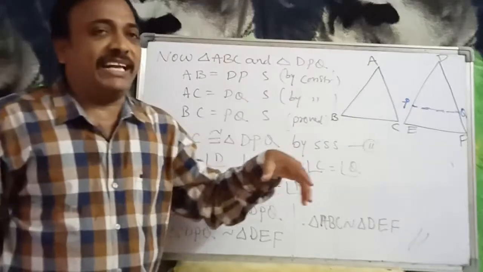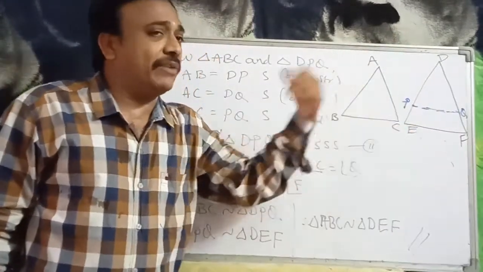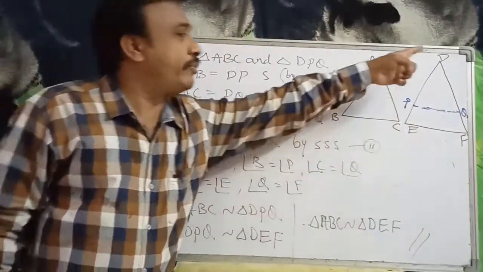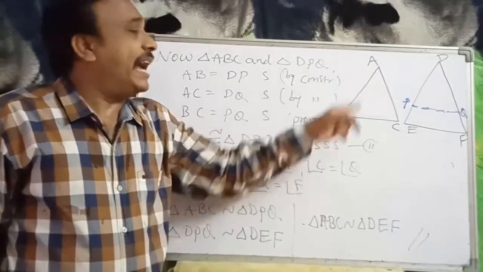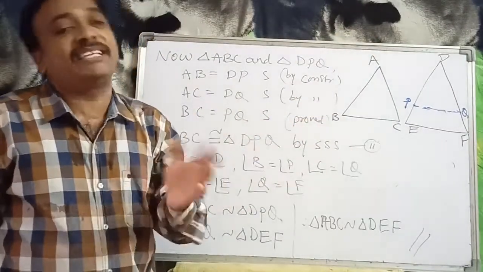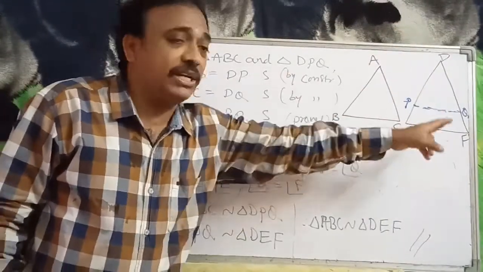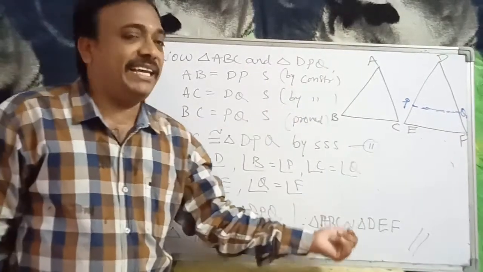We constructed DP equal to AB and DQ equal to AC, and we proved first DPQ is similar to DEF. Then we proved DPQ is congruent to ABC, and congruent figures are always similar. So ABC is similar to DPQ, but DPQ is similar to DEF. Therefore ABC is similar to DEF.